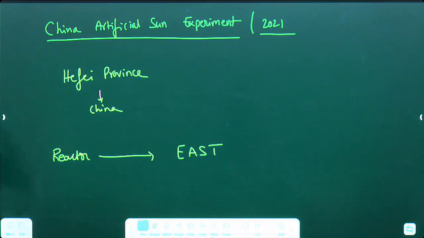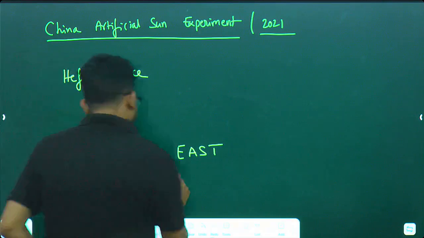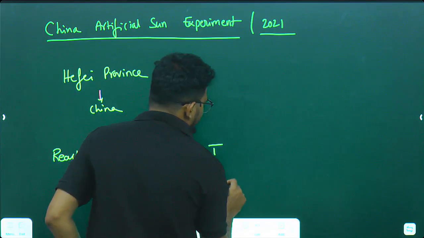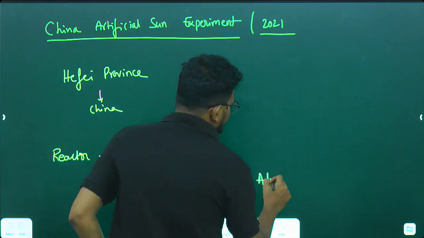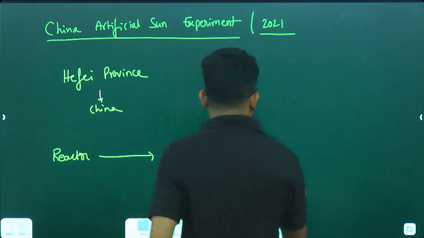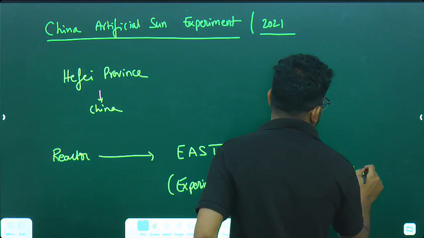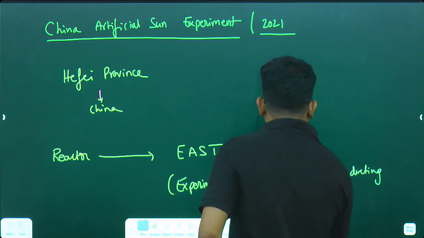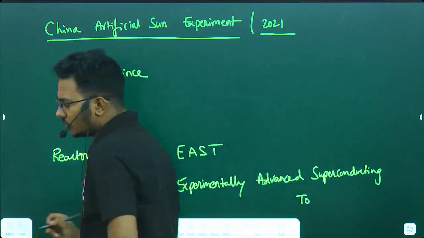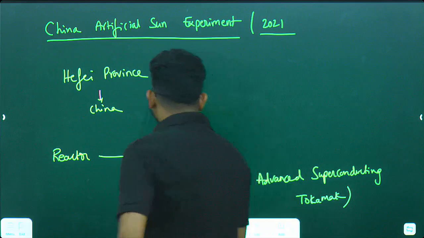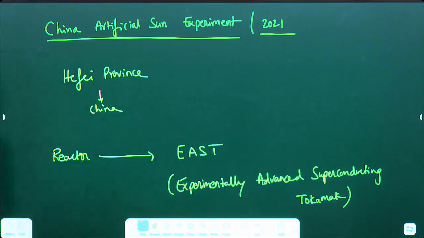Reactor name is EAST: Experimentally Advanced Superconducting Tokamak.